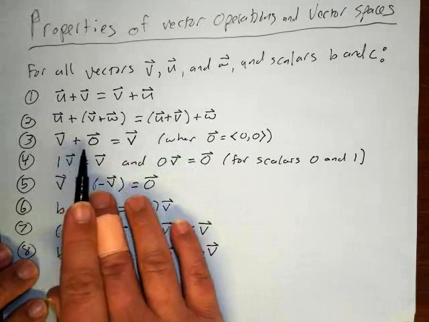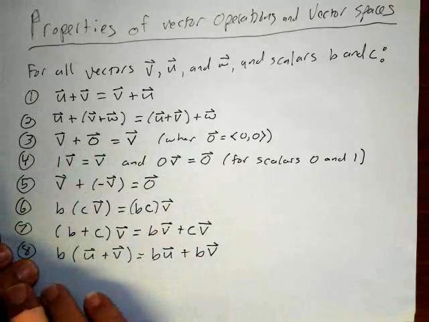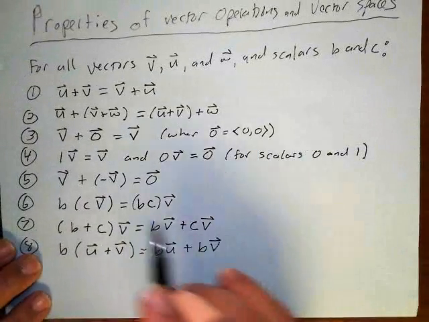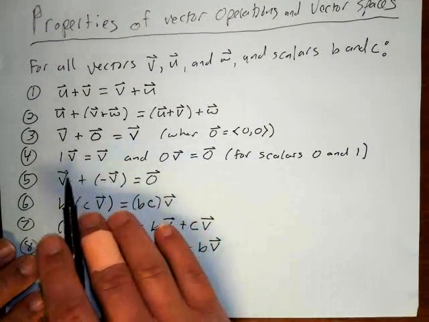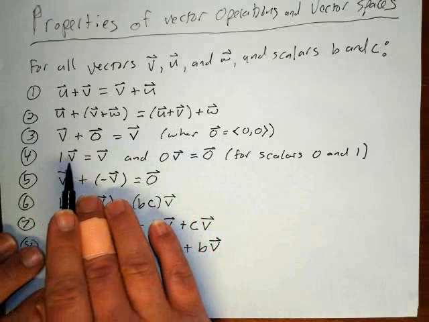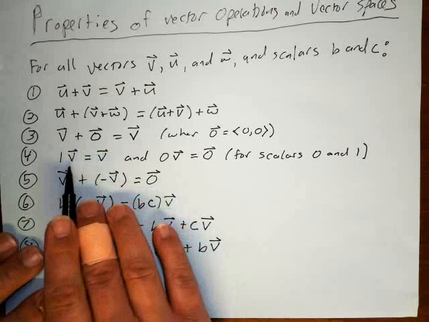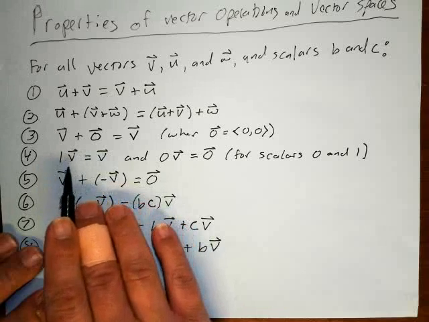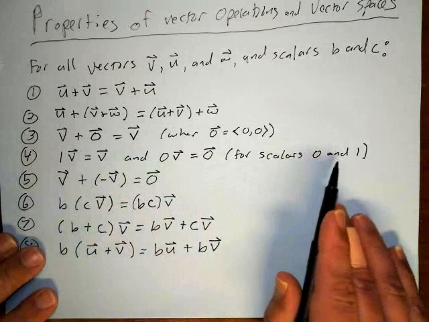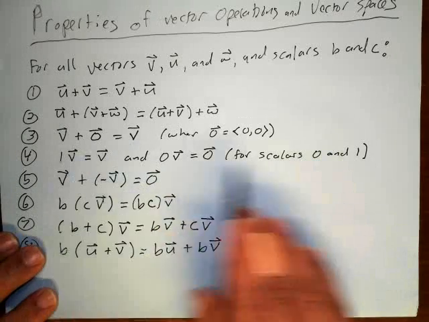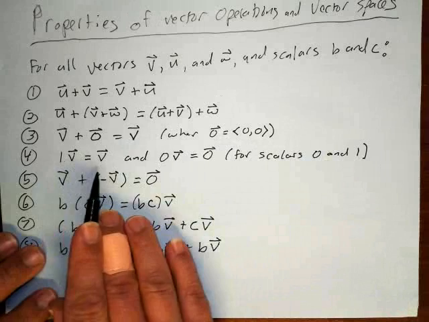So you can take V plus 0 and you'll get V. So there's an additive identity for the vectors. And then also, if you take the scalar 1 and multiply it by V, you'll just get V back. In a sense, there's a multiplicative identity as far as the scalar is concerned. A scalar of 1 times V is equal to V.